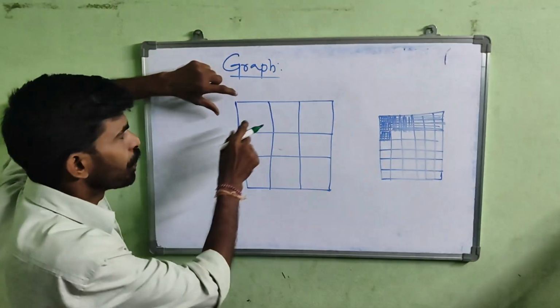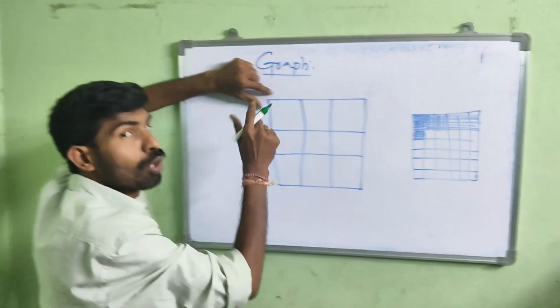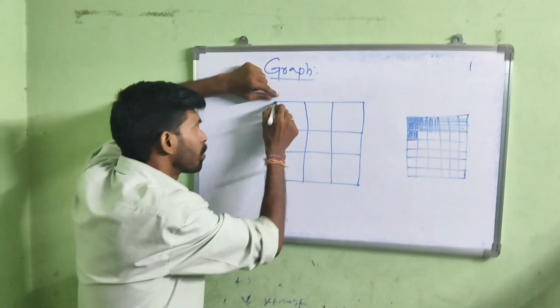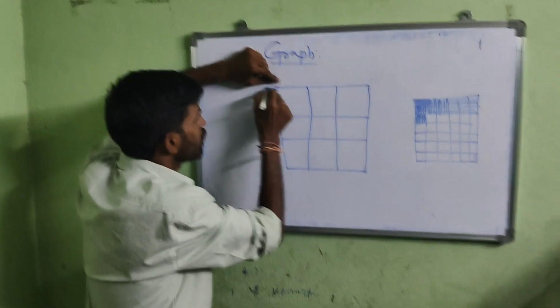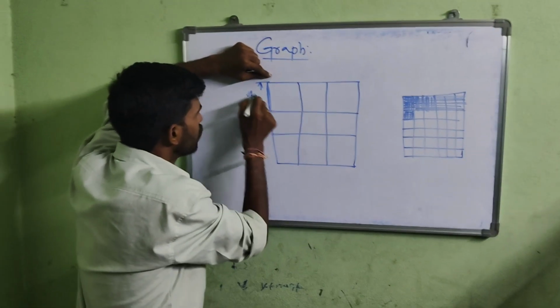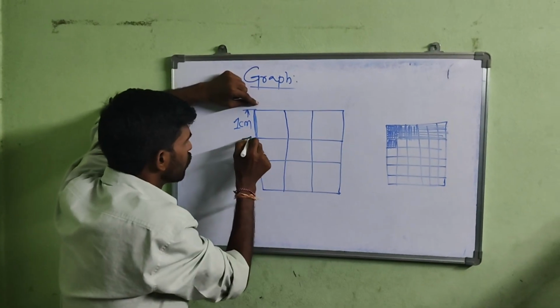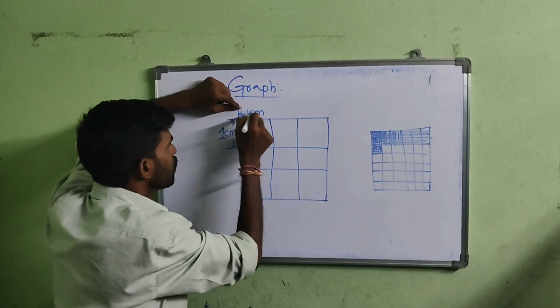Now if I take one box of the graph, you can see the one box of the graph. What is the size of this box? This is 1 centimeter. One box size is 1 centimeter. This is also 1 centimeter.